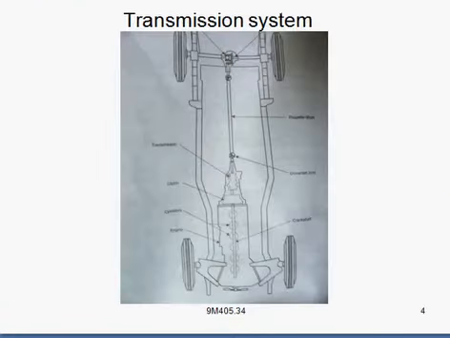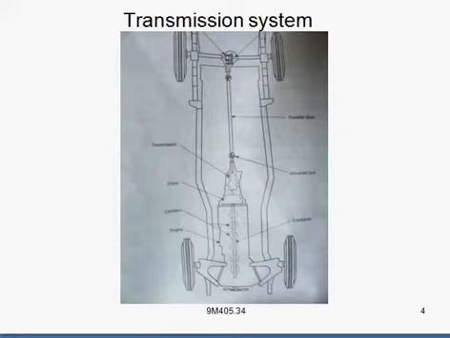So this is how you will see the transmission system of an engine. This is the frame of the structure, and on this frame the elements of the transmission system are mounted like this. Here is the engine, this is the clutch, this is the gearbox, this is the propeller shaft, this is the differential, these are the rear axles, and finally these are the rear wheels.